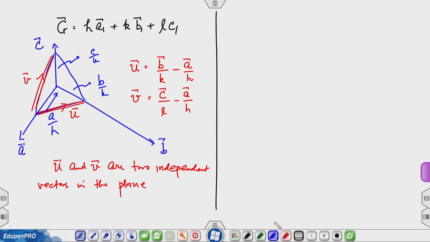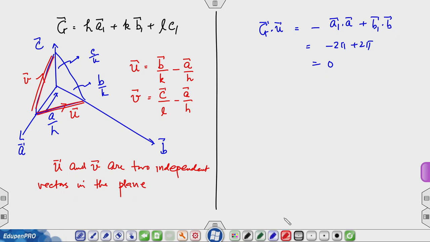So, let us calculate G dot U. G dot U is going to be equal to A1 dot B, which is by definition 0, minus A1 dot A, then plus B1 dot B, and all of the cross products are 0. So, this is minus 2 pi plus 2 pi, which is 0.